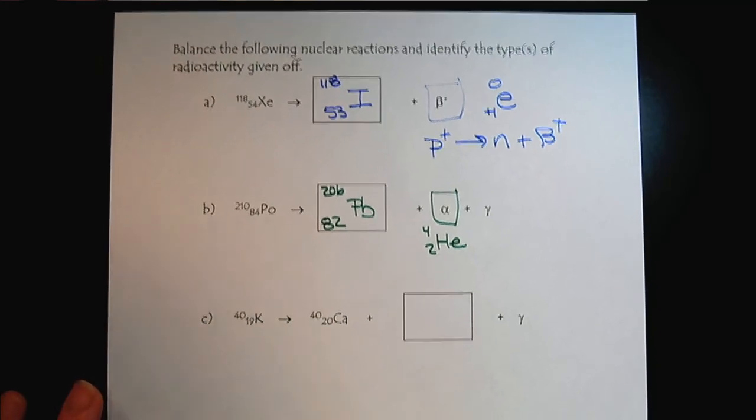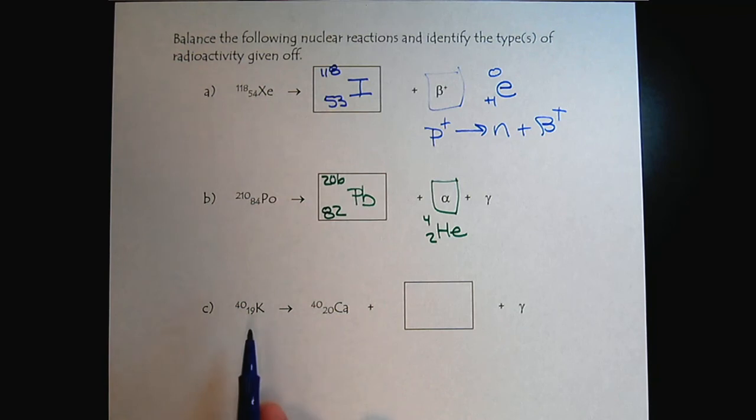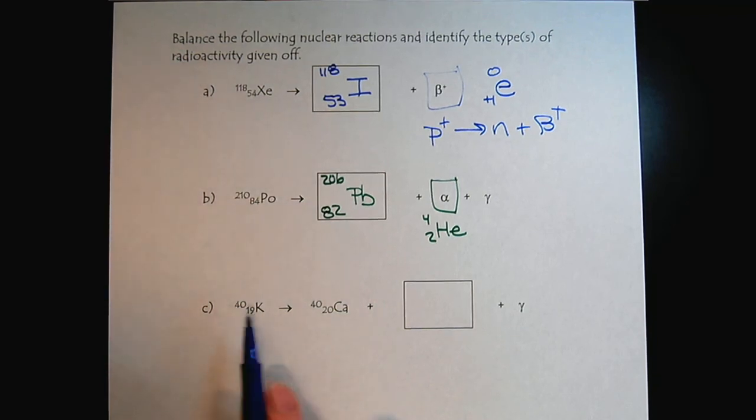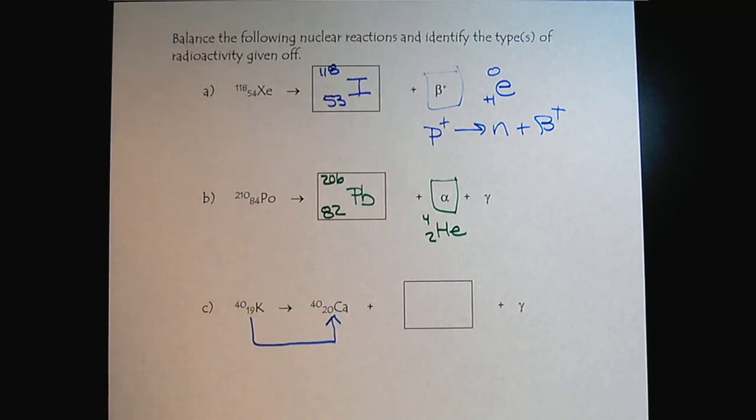And the last one here, we have potassium-40 decaying to calcium-40. So notice what happens here. Notice that we have a neutron becoming a proton, which would mean we would have to release a beta particle.